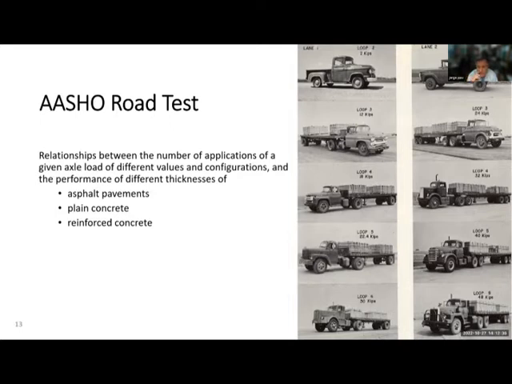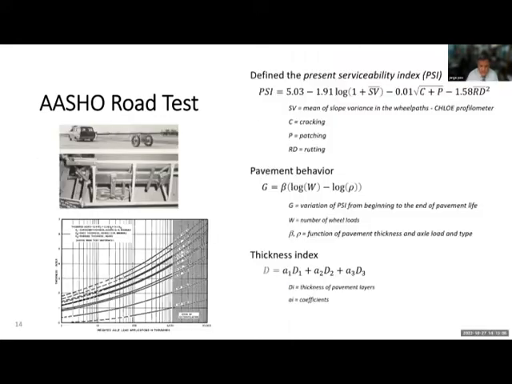In this case, they tested asphalt pavement, plain concrete pavement, and reinforced pavement. And in this picture, you can see the trucks that they used to test the pavement, and they traveled more than 20 million kilometers. So it is a huge test to validate a lot of different configurations for the pavement that they used at that time.